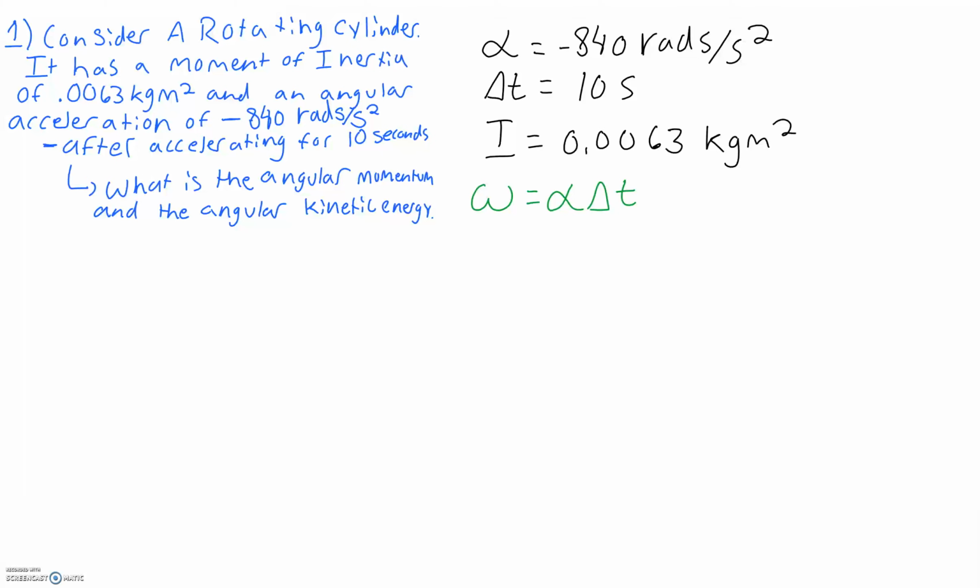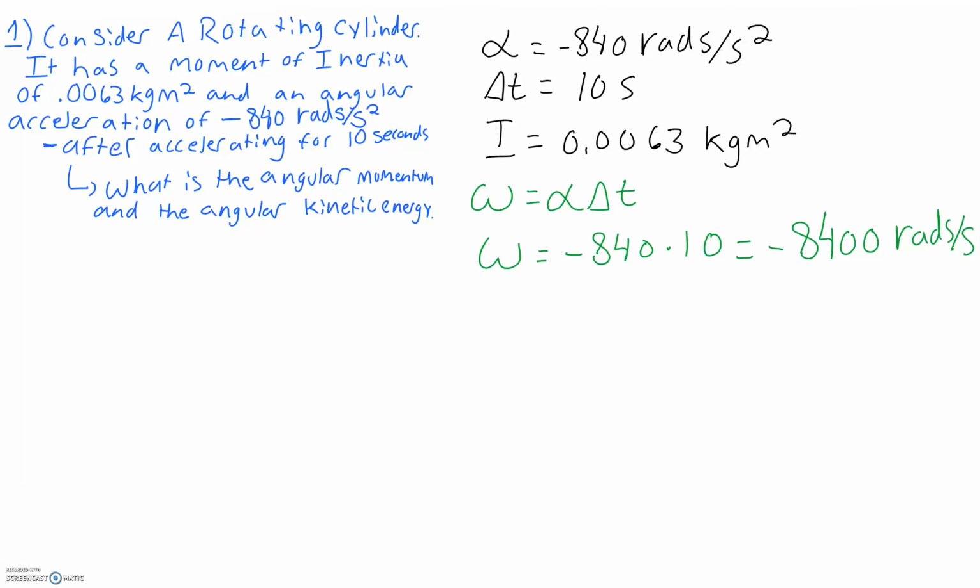So if we plug all those numbers in, we really just have omega is equal to negative 840 times 10. A rather simple calculation, which turns out to be negative 8,400 radians per second.